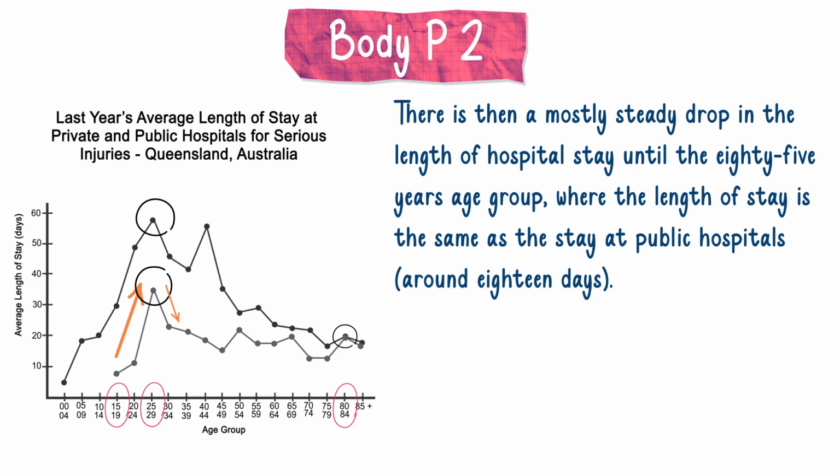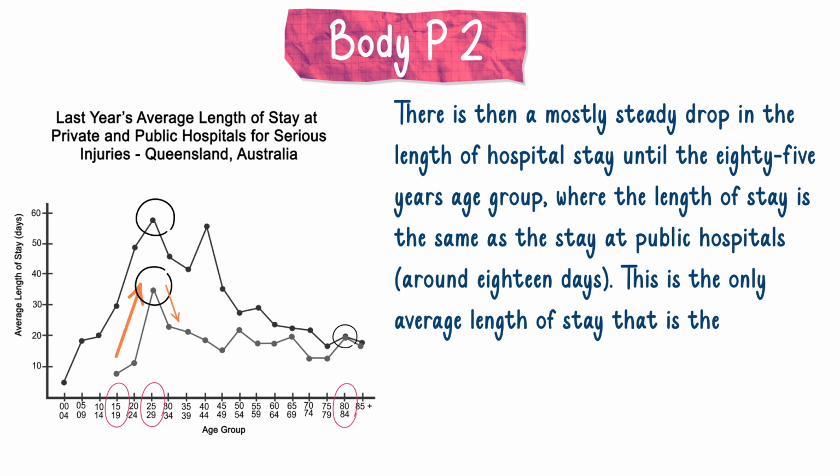So as you can see, it is around 18 days. You can see in the graph, the only, let's say, average length of stay which is the same for both public and private hospitals is this age group 80 to 84, which is around 18, all right? So this is the only average length of stay that is the same for public and private hospitals.